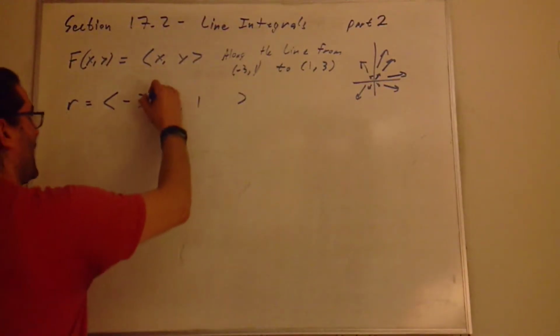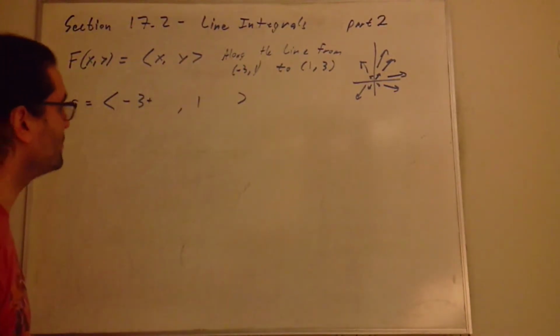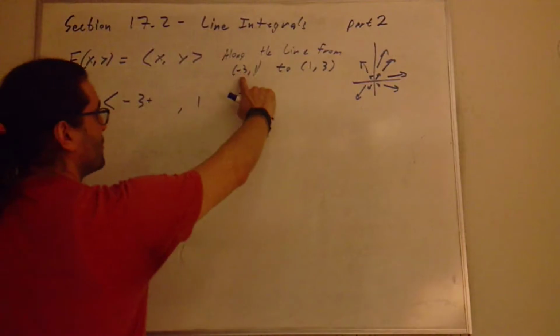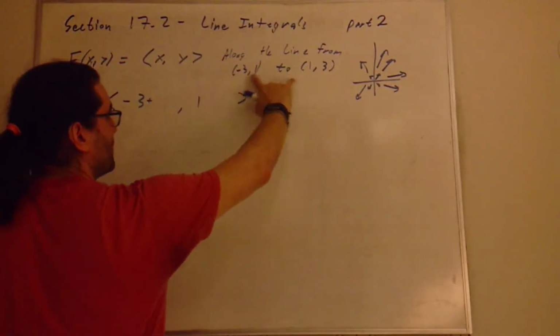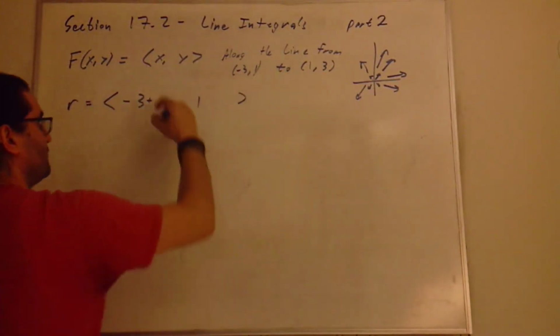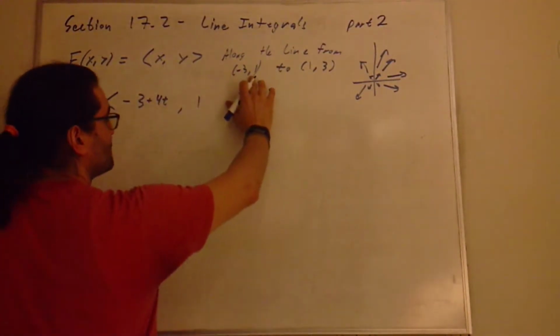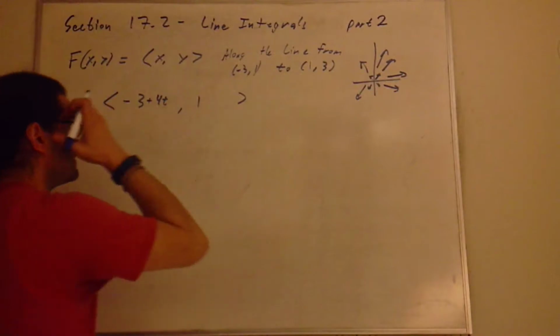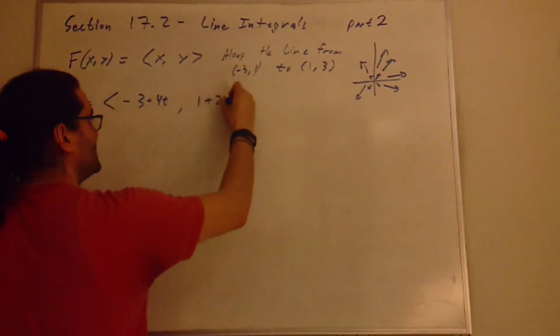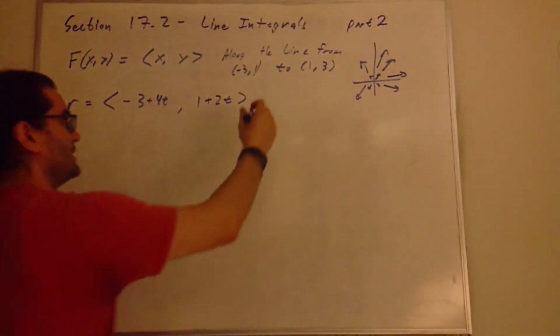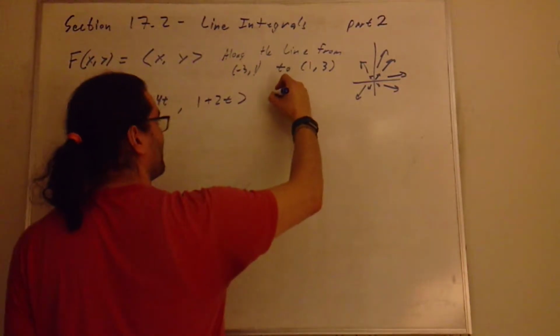And then we will add some multiple of t. On the x-axis we want to go from -3 to 1. That's an increase of 4. So we're going to add 4t. On the y-axis we want to go from 1 to 3. That's an increase of 2. So we're going to add 2t. And then we're going to let t go from 0 to 1.